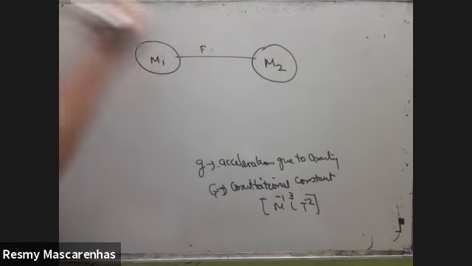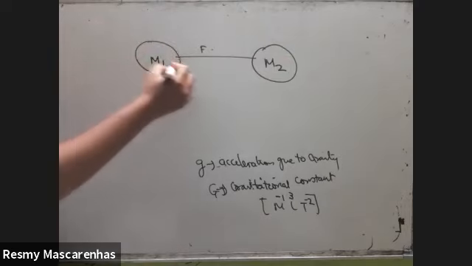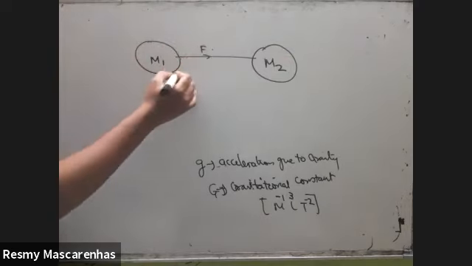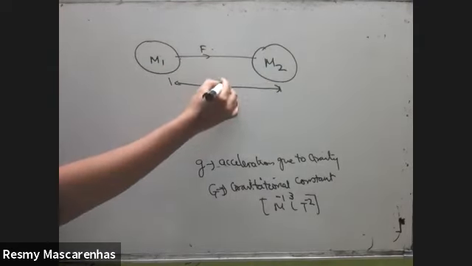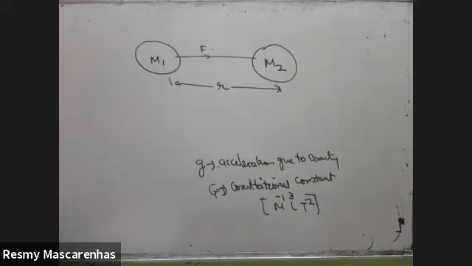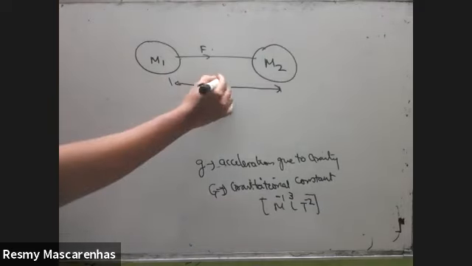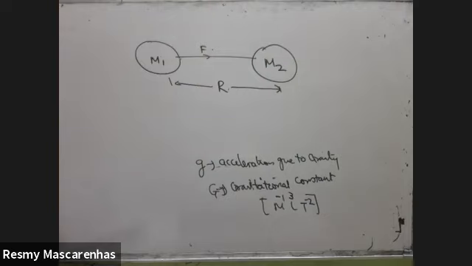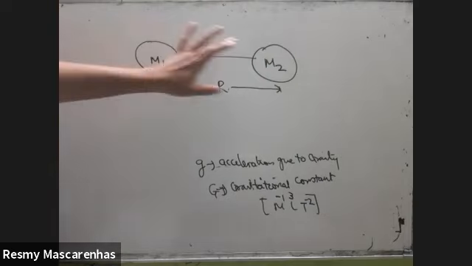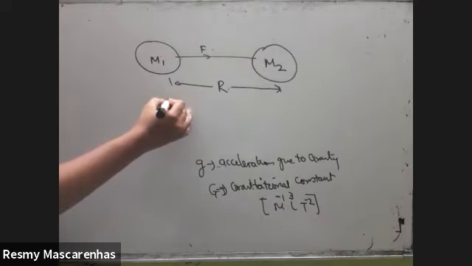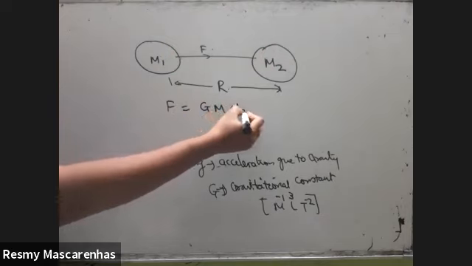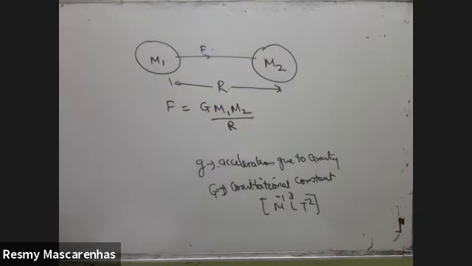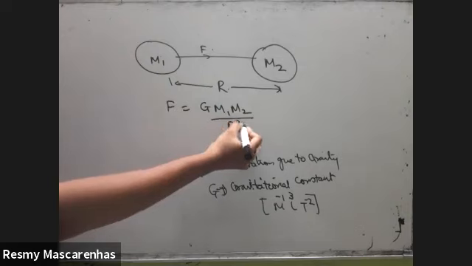And suppose the distance between them is r, or small r. Then the relation between these two can be written as F is equal to G m1 m2 upon r square.